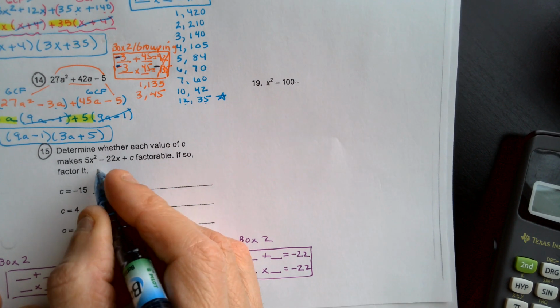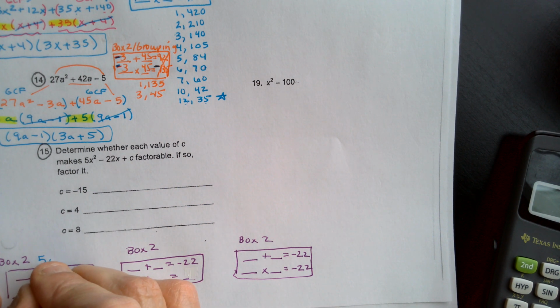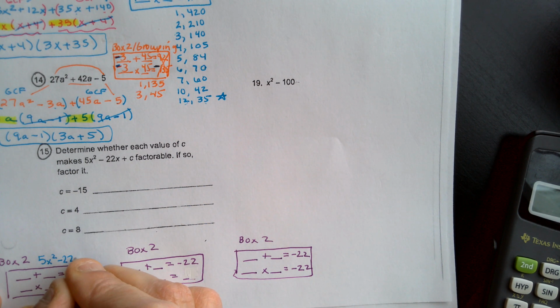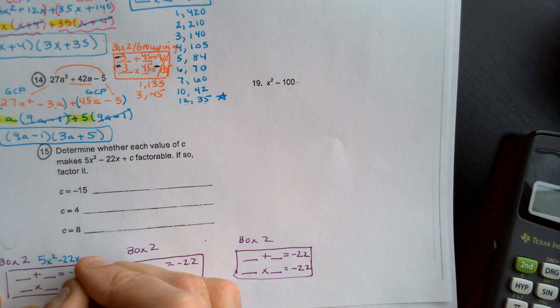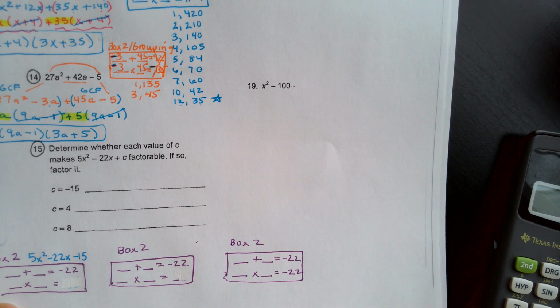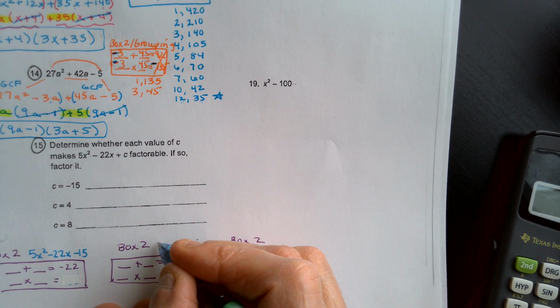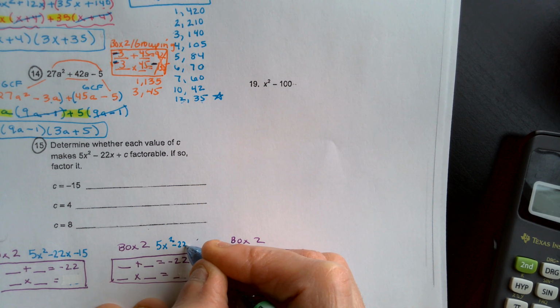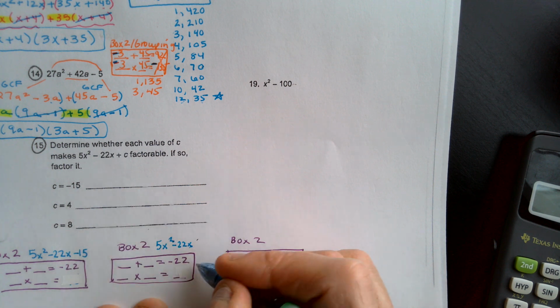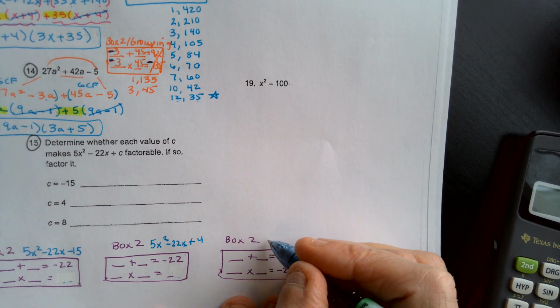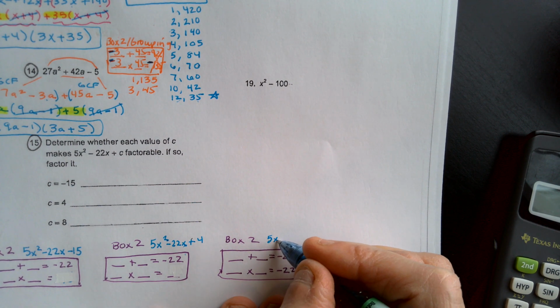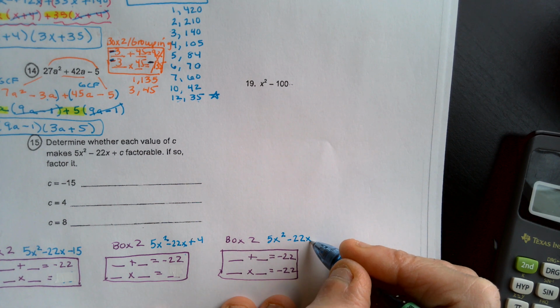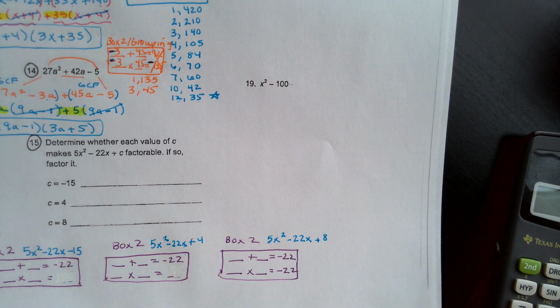If C is negative 15, let's rewrite the equation. 5x squared minus 22x minus 15. That would be that one. I'm going to rewrite them all right now. 5x squared minus 22x plus 4. 5x squared minus 22x plus 8.